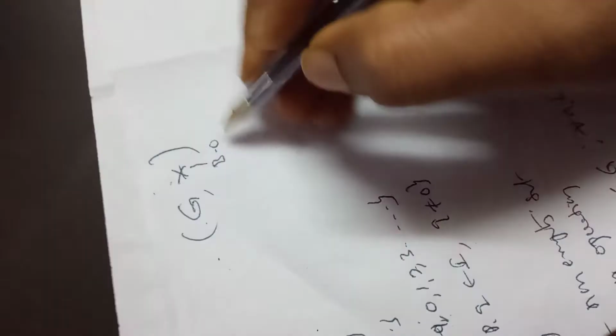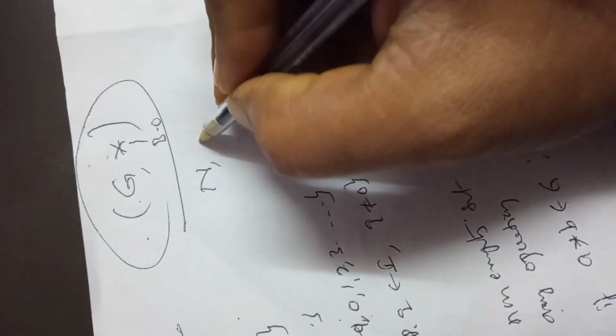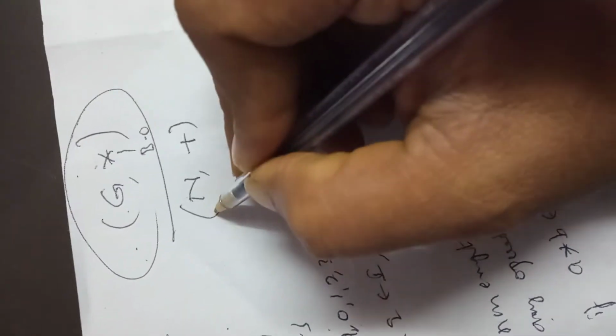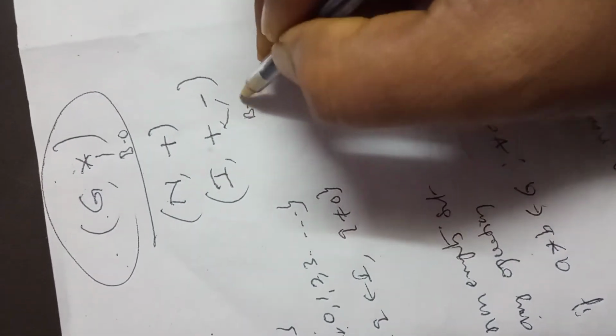For example, suppose G is a non-empty set and star is a binary operation defined in G, then this is called an algebraic structure, right? Now, the set of natural numbers with plus as a binary operation is an algebraic structure. The set of integers with plus and minus, these two being binary operations, is also called an algebraic structure.